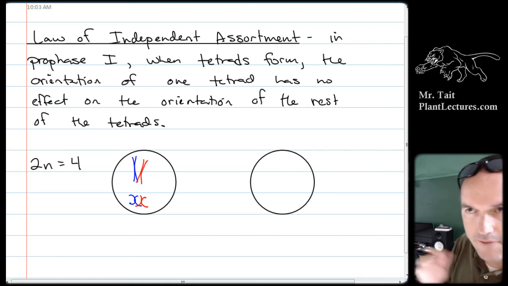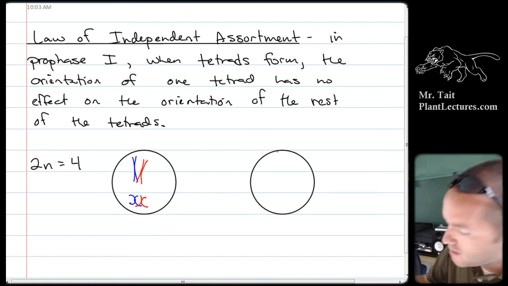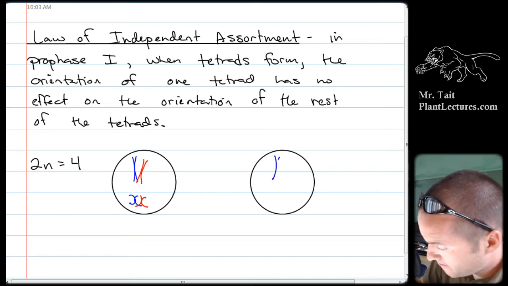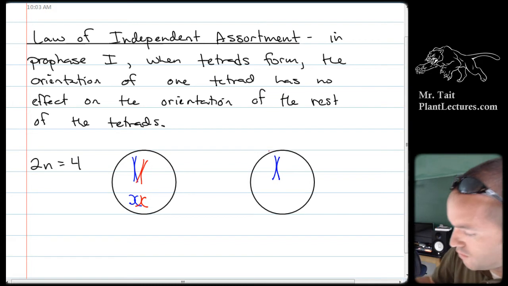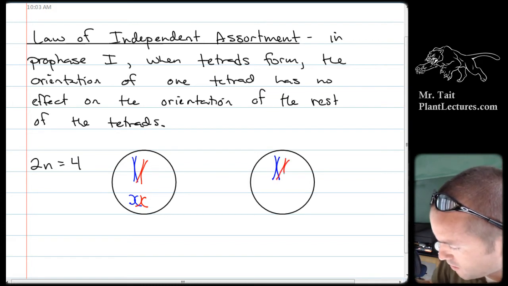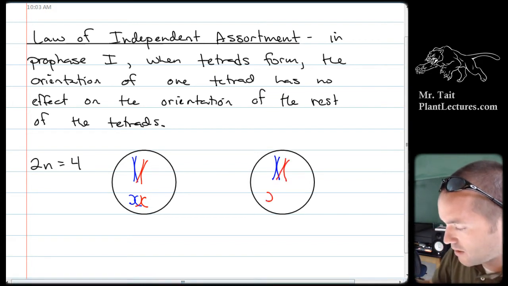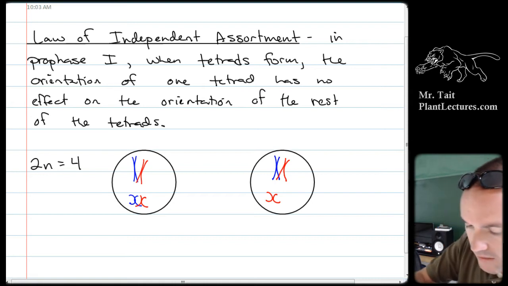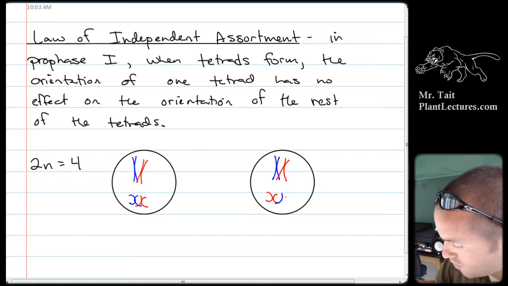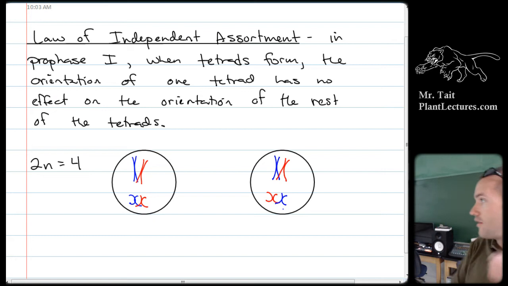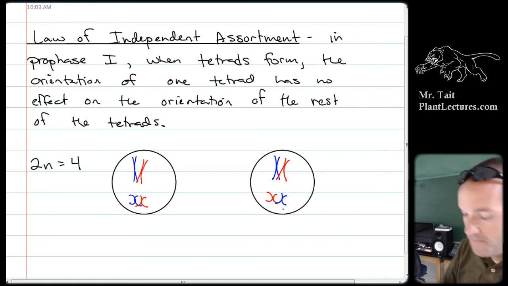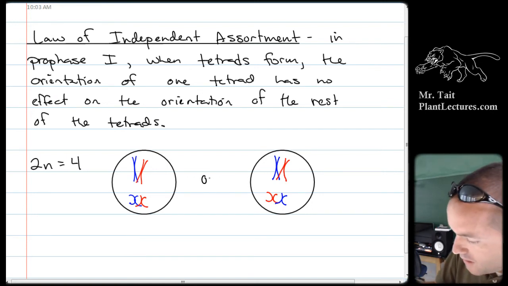So blue to the left, red to the right, okay? So on this one, it's going to be different. So the long chromosome blue will be to the left, long chromosome red to the right. But then down below, you've got the short chromosome red on the left, and the short chromosome blue on the right. Okay? These are the two possible orientations.